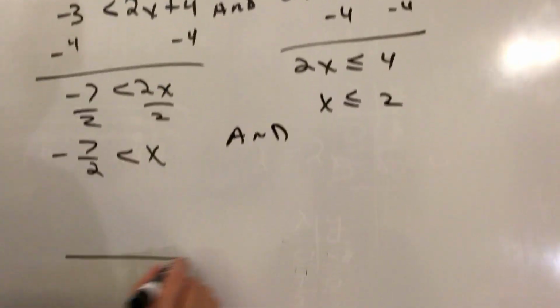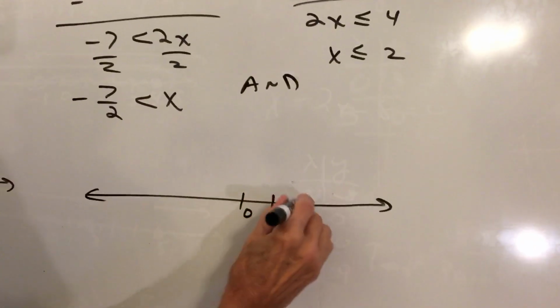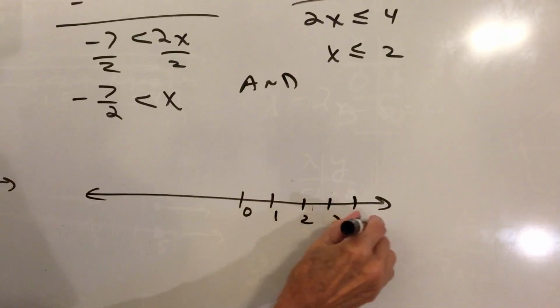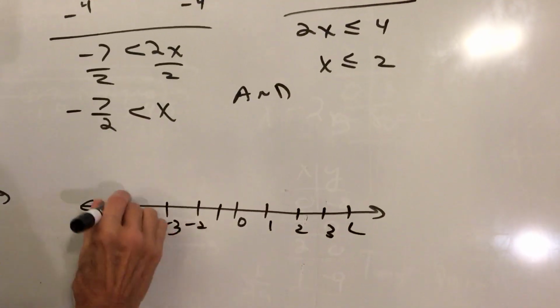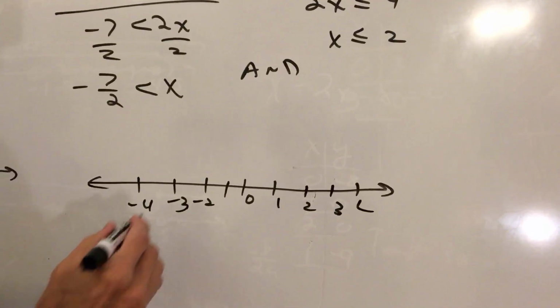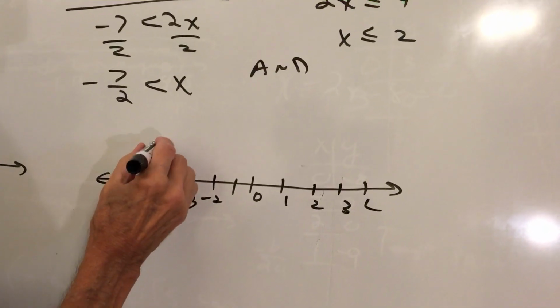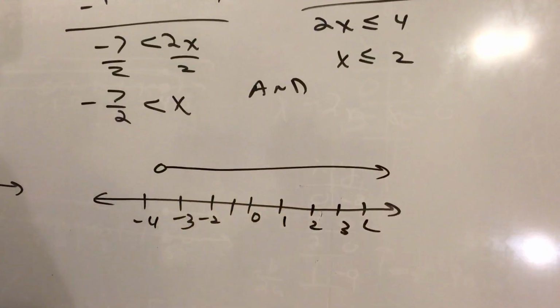Now for the graph, seven halves is 3.5, so x is greater than -3.5. That's that.